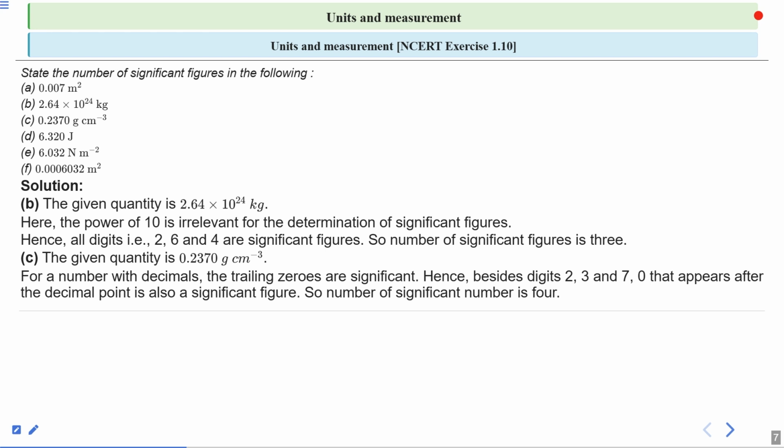It will still be 4, because for a value which is less than 1, the zeros after the decimal point and left to the first non-zero will be insignificant. Okay, let's go to part D of the solution.